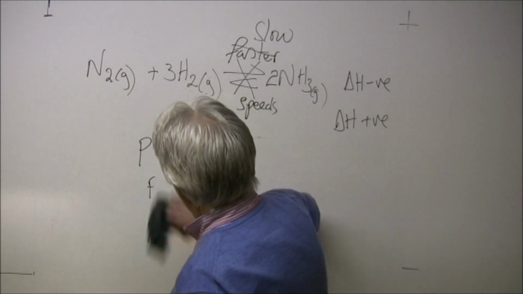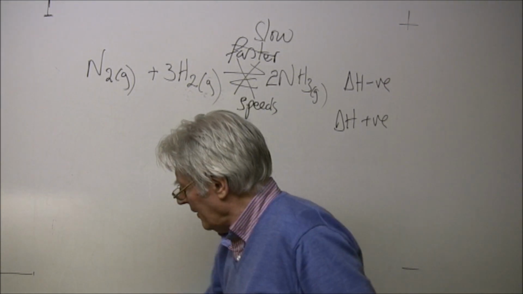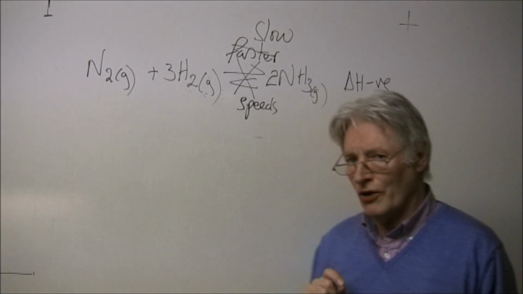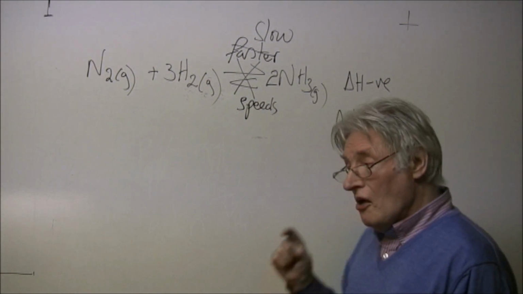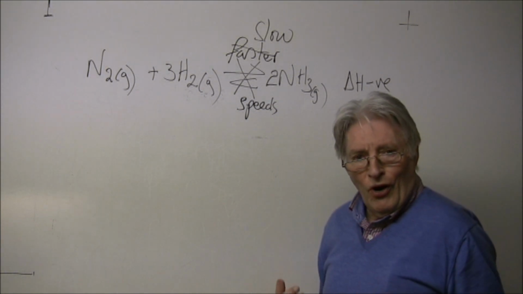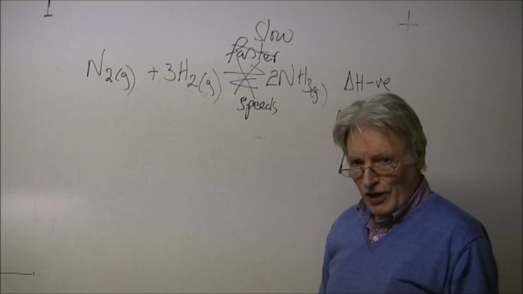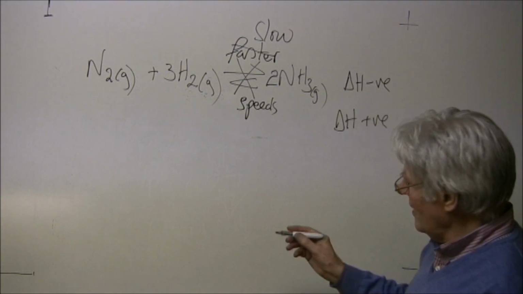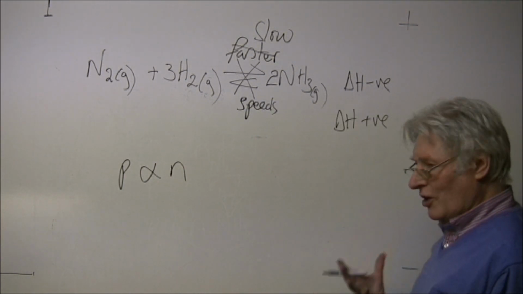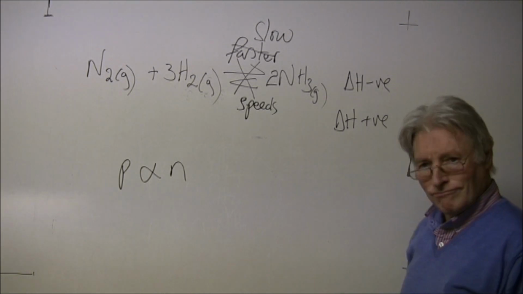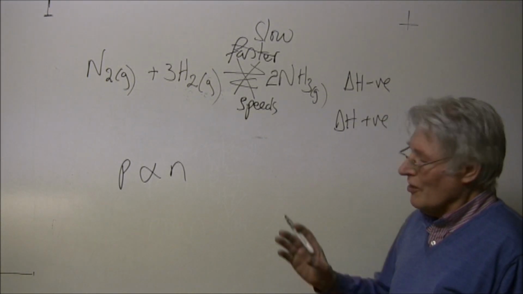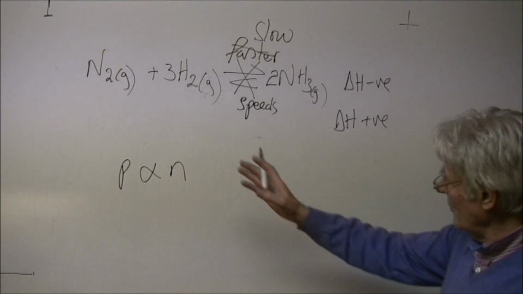Now, constant temperature, nothing can escape from the container, and we're going to increase the pressure. If we increase the pressure according to Le Chatelier, that means the system will respond by trying to undermine that, by trying to reduce its pressure. Now remember we said that P is directly proportional to n. The more molecules present, the greater the pressure. The fewer molecules present, the lower the pressure. Now I want you to look at this equation.